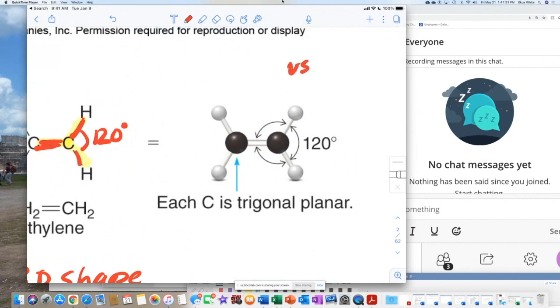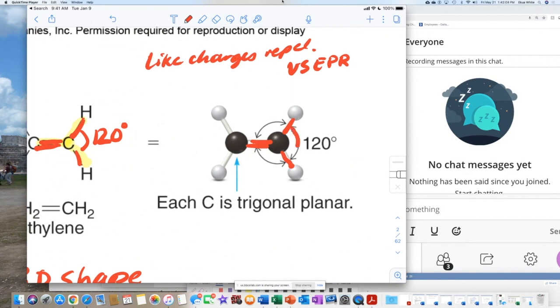And the whole idea of VSEPR model is saying that the bonded groups are made up of electrons. Electrons are negatively charged. So all of these are essentially electrons. So are the lone pair groups, right? Electrons are negatively charged, and we know that like charges repel. So if like charges repel, these electron groups will repel each other so that they can be comfortable.